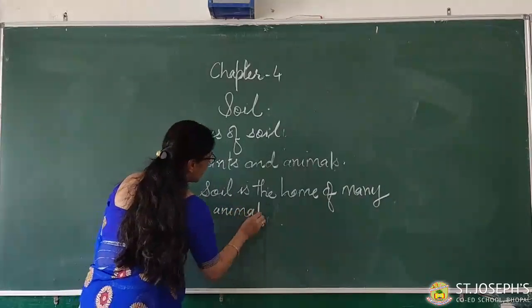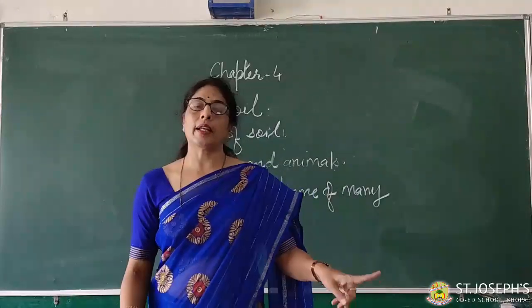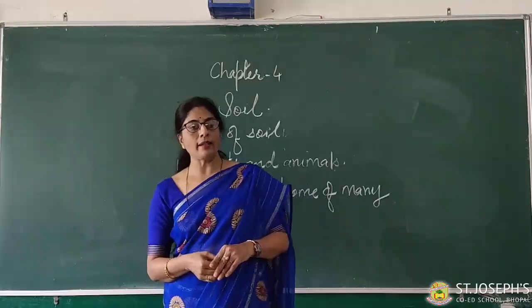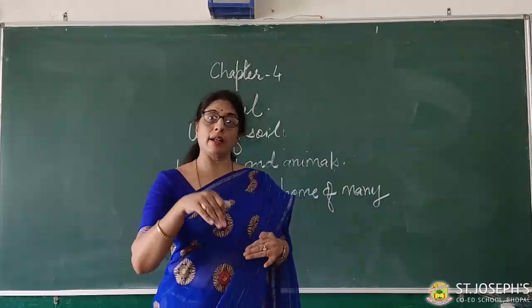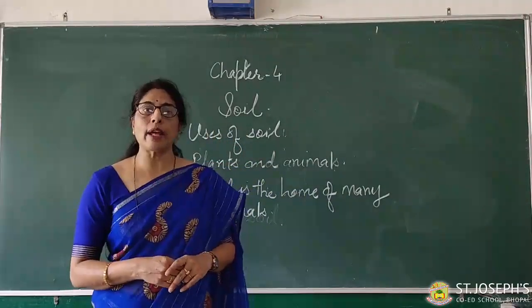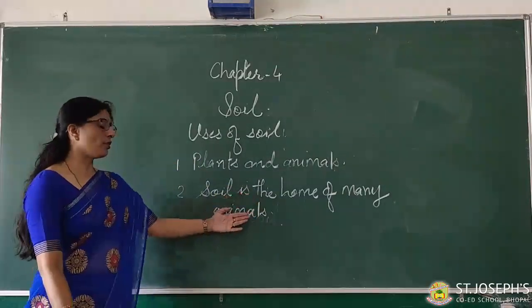Yes, it is a fact. Many animals make their home under the soil. I can give you a few examples. Rabbits, snakes, rats, earthworms, ants, termites make their home under the soil. Their homes are called burrows. They survive nicely and make their home. This is why these animals have uses of soil.